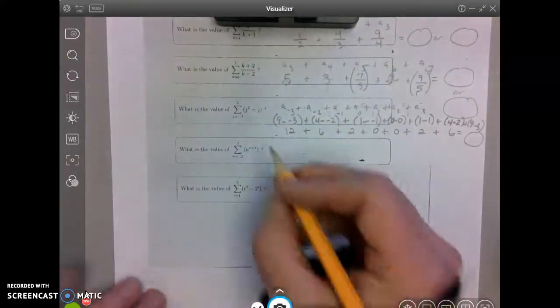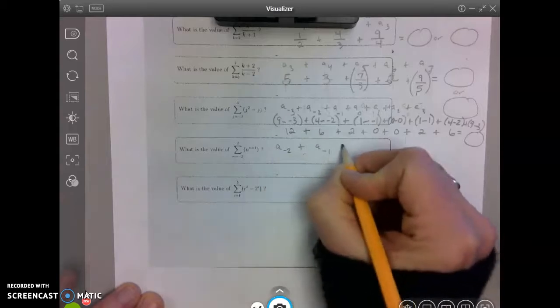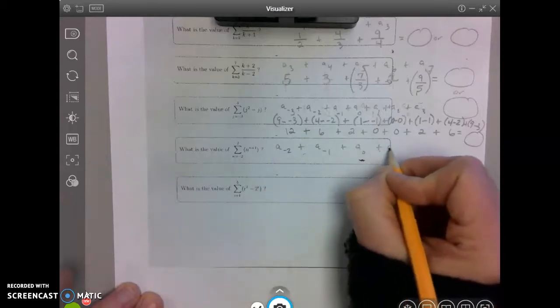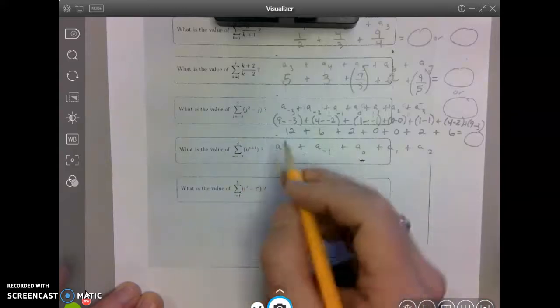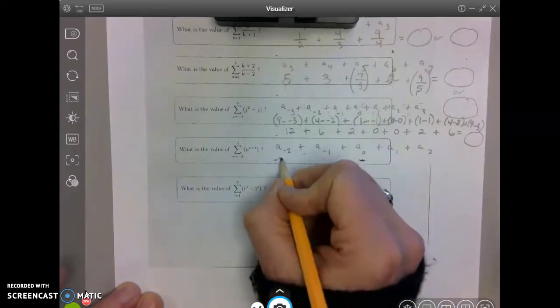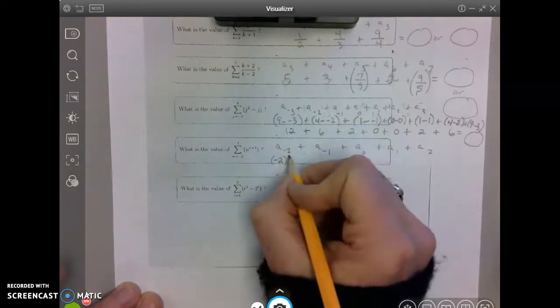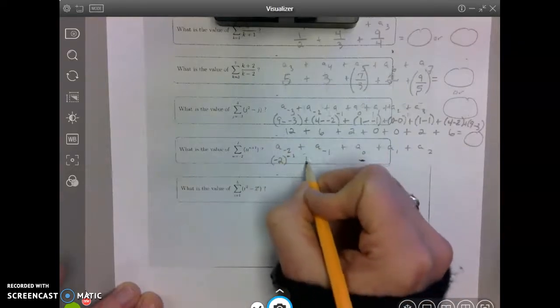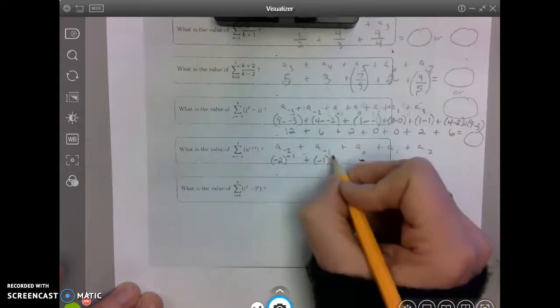Starting at -2. A sub -2 plus a sub -1 plus a sub 0 plus a sub 1 plus a sub 2. So -2 is going to be -2 to the -2 plus 1 would be -1 plus -1, negative 1 plus 1 is 0.